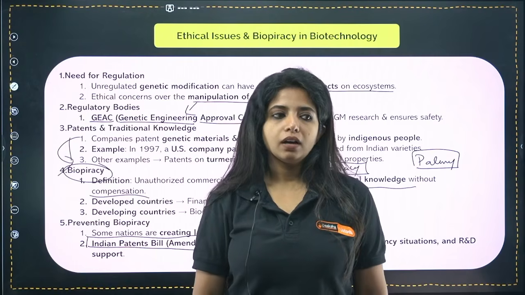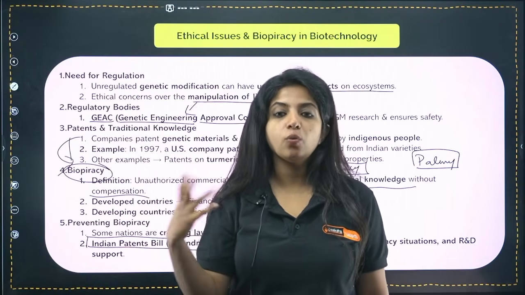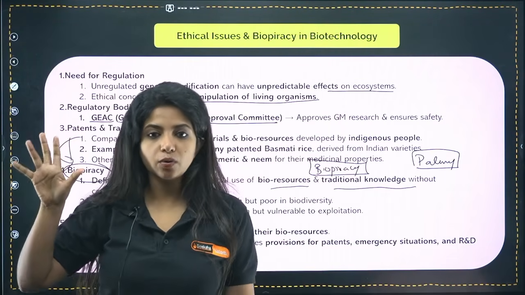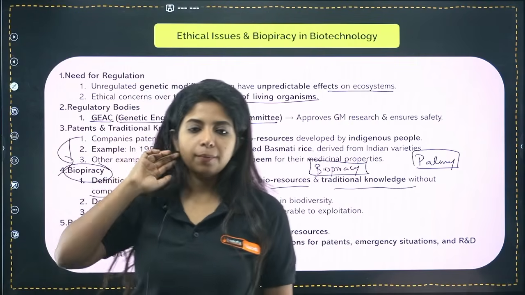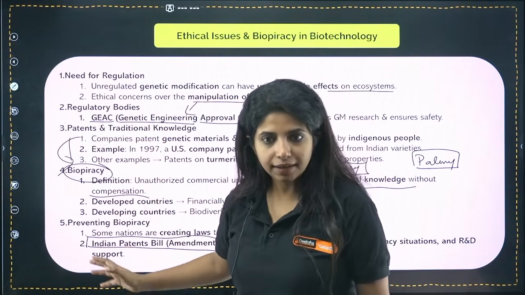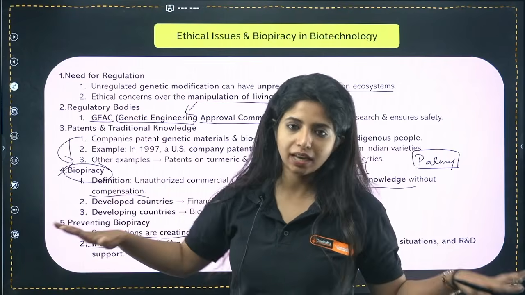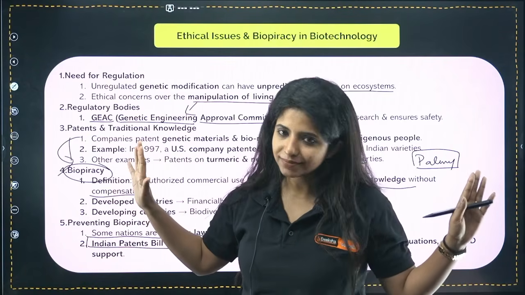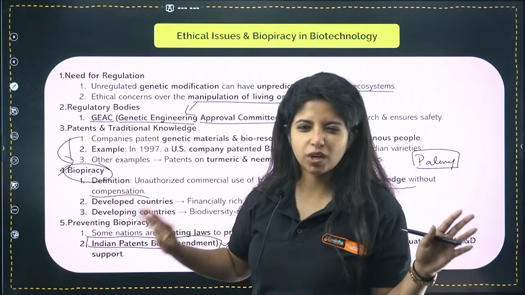And to keep all of this under control, so that no one does patency by their own will, the Indian Patent Bill Amendment was passed, which controls everything. That's all. These are the few things you need to keep in mind.